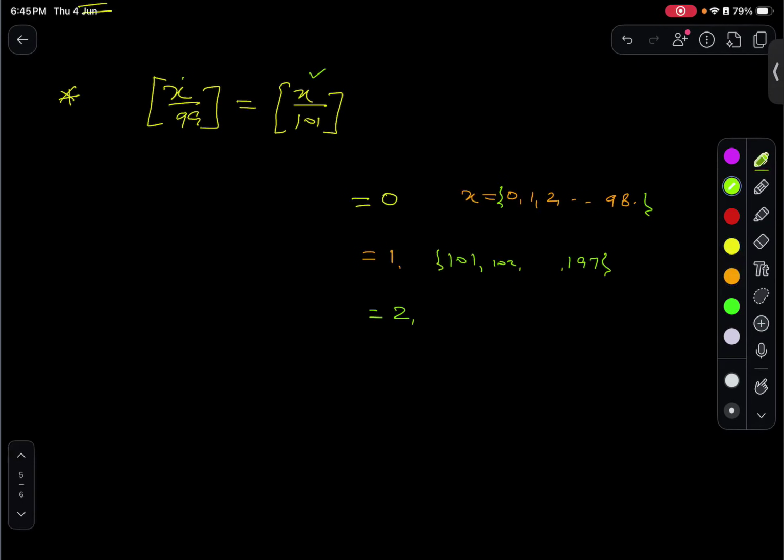Okay, now if this will be 2, again we have to do the same thing. The value will be 2 when I'm starting with 202 and bounding with 99 into 3, okay, 99 into 3 minus 1, just lower than that value.